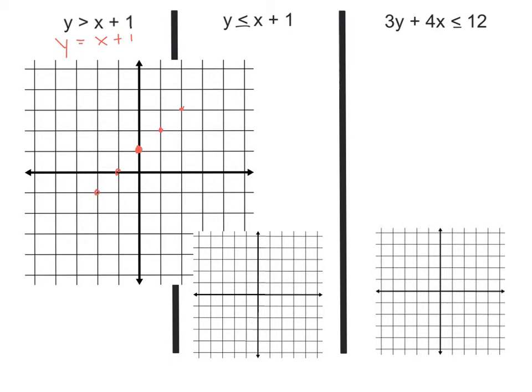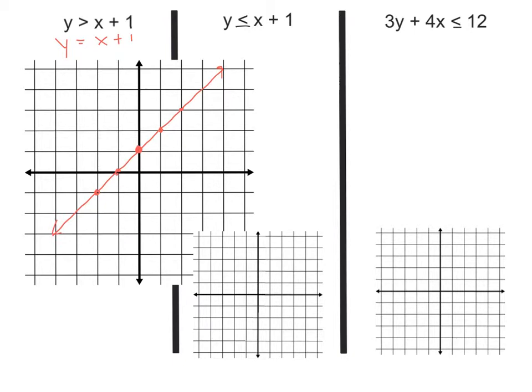Now here's the deal. Think about what this inequality would mean. For an inequality, I'm looking for solutions, things that work. On a line, the solutions for y equals x plus 1 are just every point on this line.